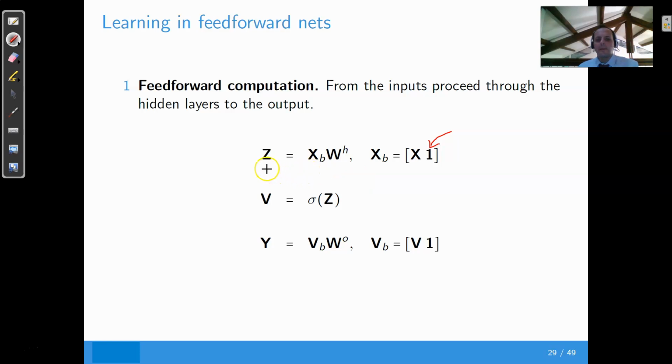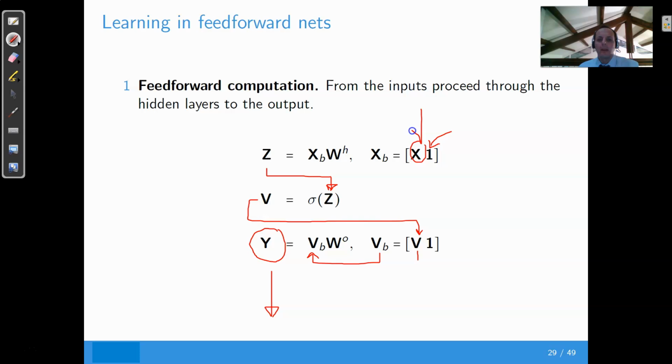And so this z is propagated to the activation function sigma, and then v is the output of the hidden layer. vb goes through the output layer, and then you can compute from the input x.